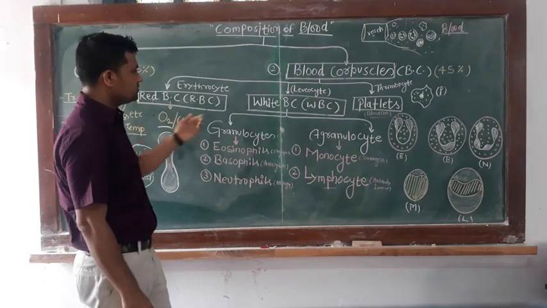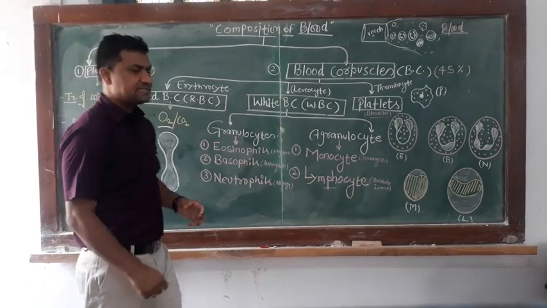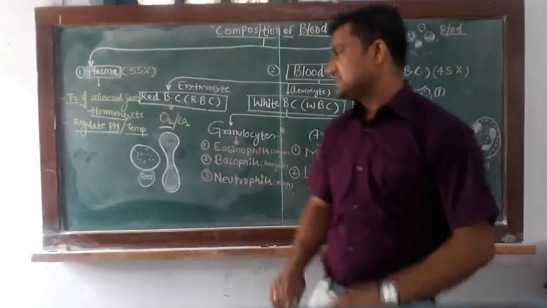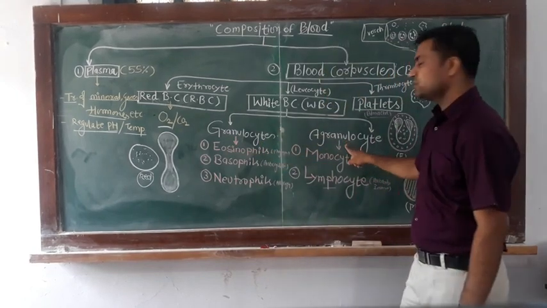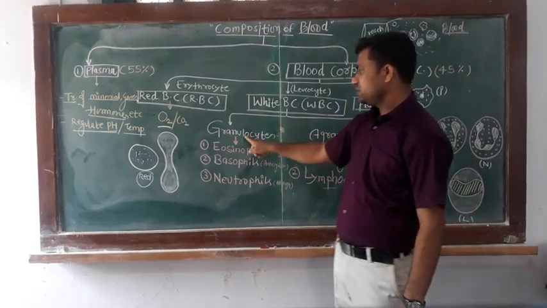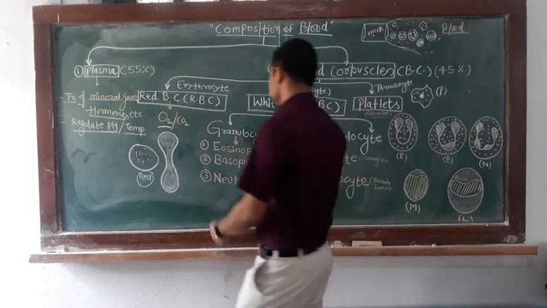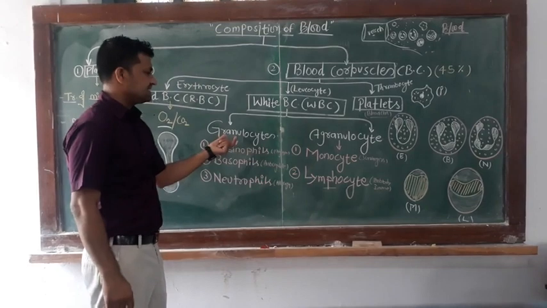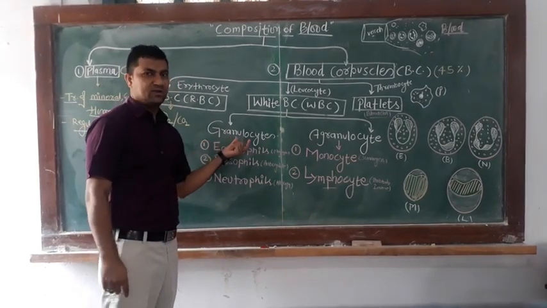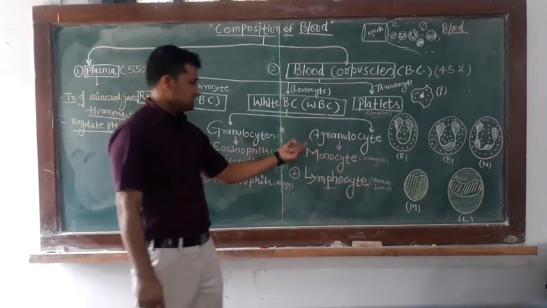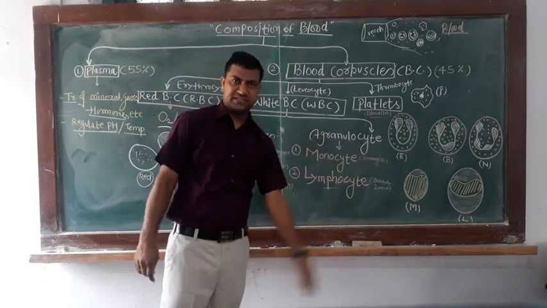Number two, white blood cells. White blood cells are again divided into two categories, granulocytes and agranulocytes. Granulocytes are white blood cells that have granules present, that's why they are called granulocytes. The other type of WBC doesn't have granules, that's why agranulocytes.